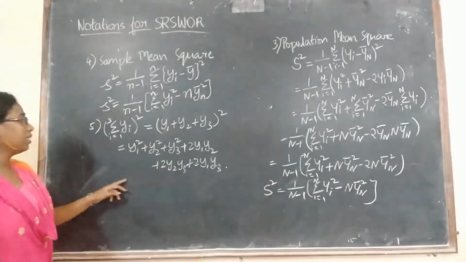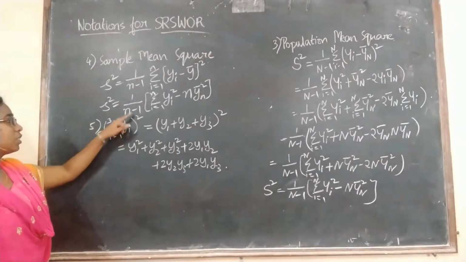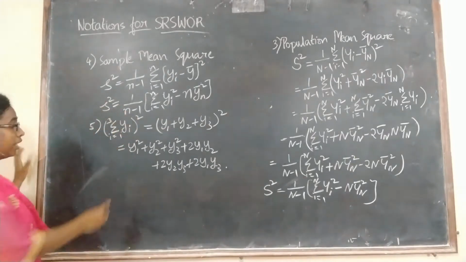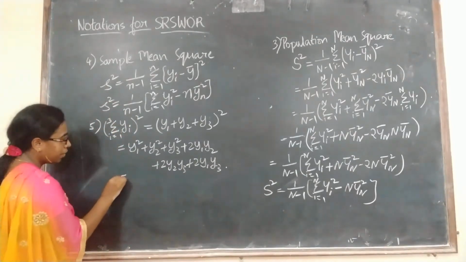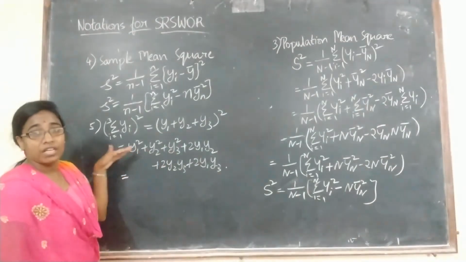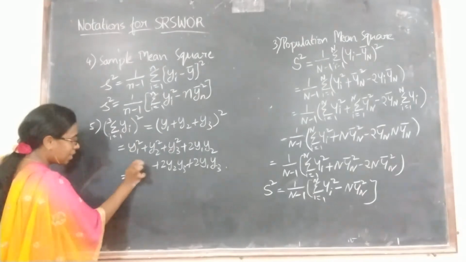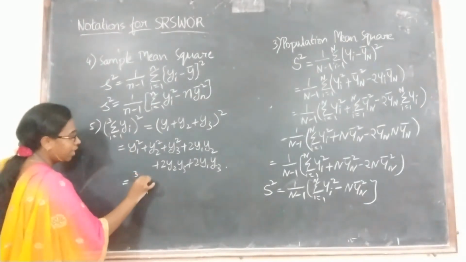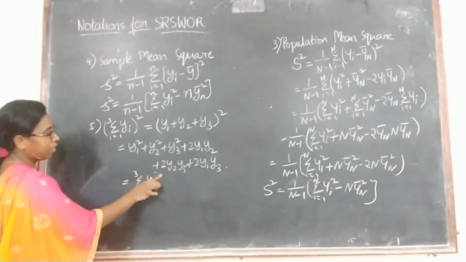So this is a formula for summation i equals 1 to n yi whole square. This on simplification, how can we write? Here you have y1 plus y2 plus y3. So if you have pluses, you can write directly summation, right? The summation i equals 1 to 3 yi square.